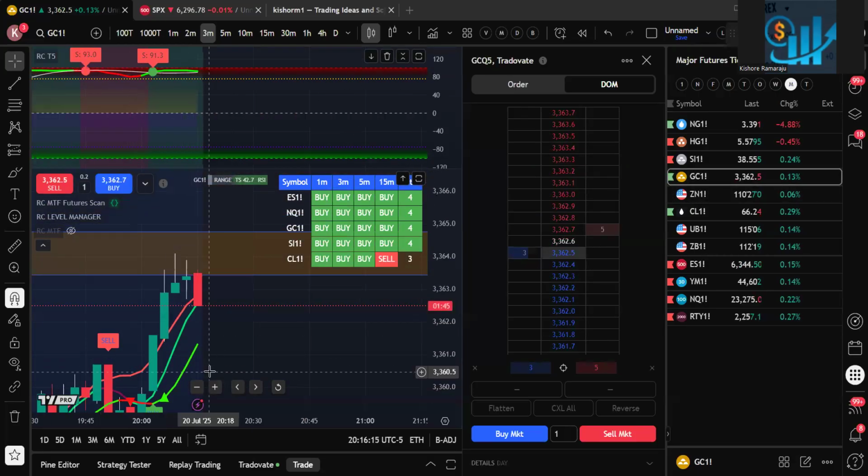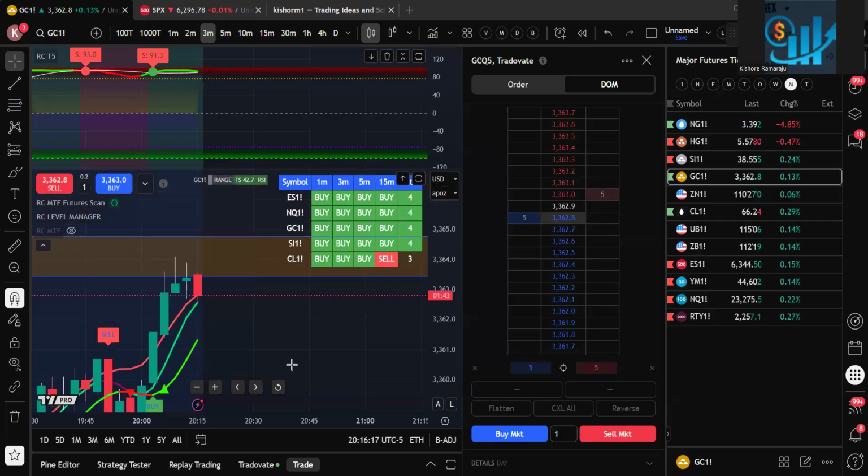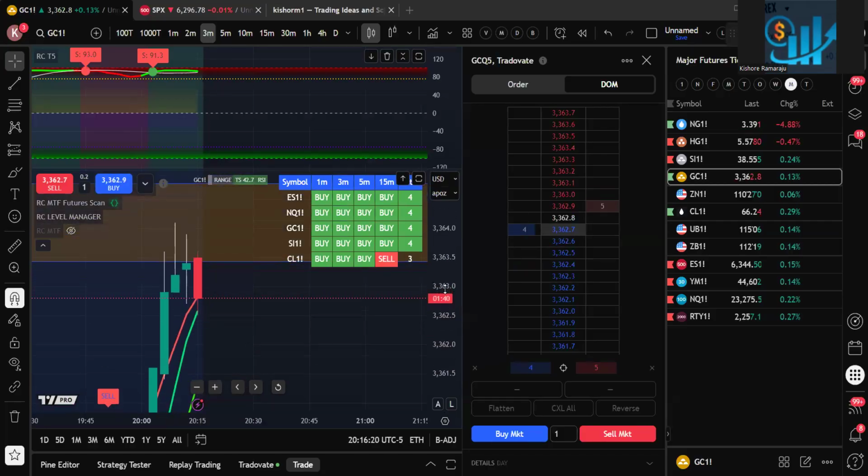We got a pullback now on GC. So if we get a green candle, we can go long.